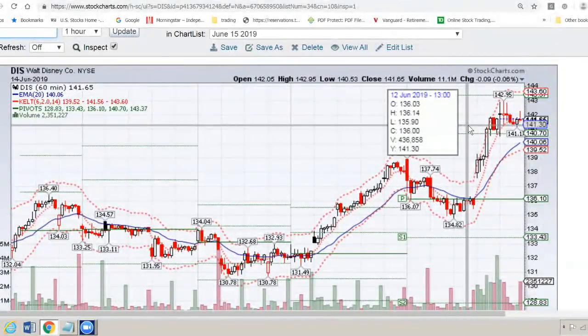A couple of questions. Do you use market or volume profile to help determine buy, sell, or money management levels? No, I do not. I know people who do, and I think it's a valid technique.